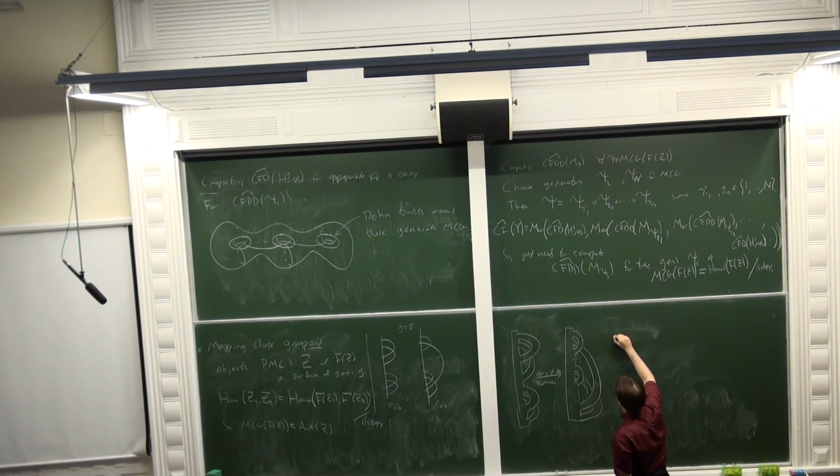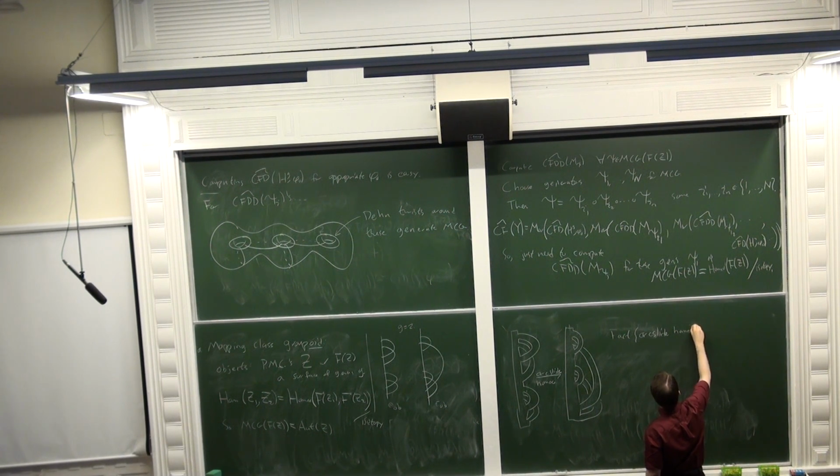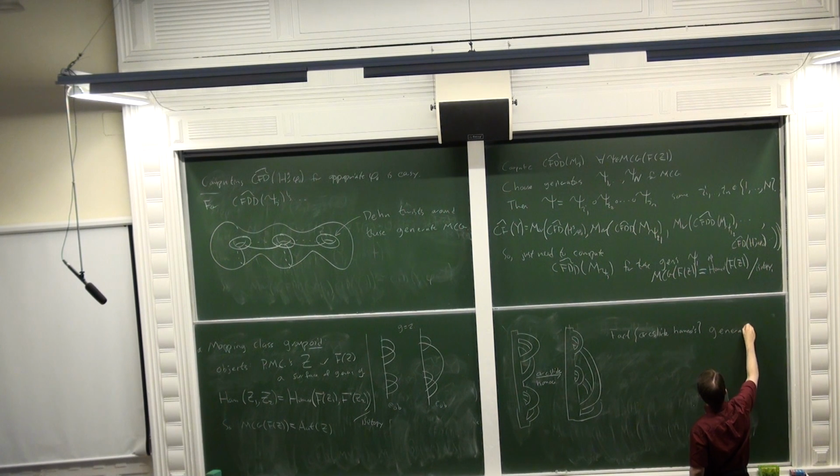So, in fact, this set of arc slide homeomorphisms generate the mapping class groupoid.